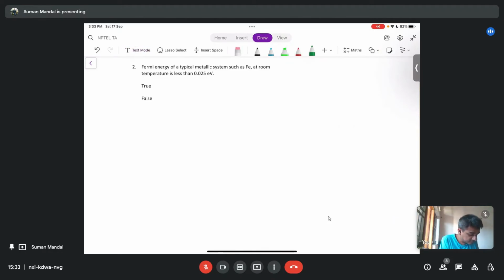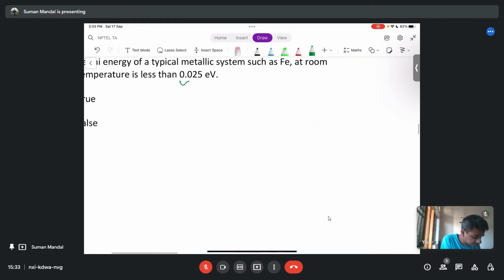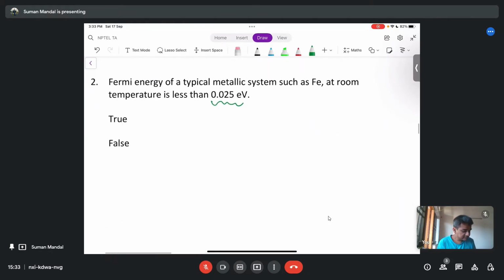And if you're wondering why I'll be discussing this value, this is basically the kBT at room temperature. So if your system is at room temperature, is the Fermi level around that energy, or is it much higher than that?